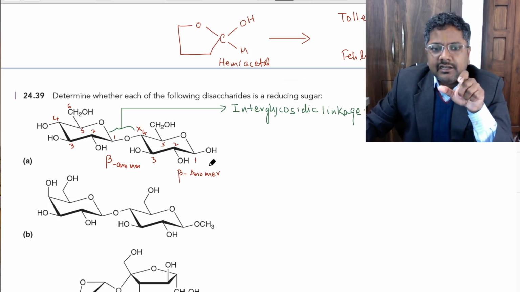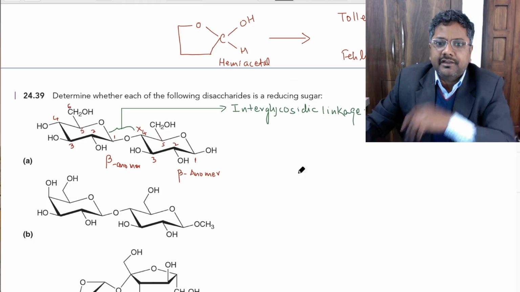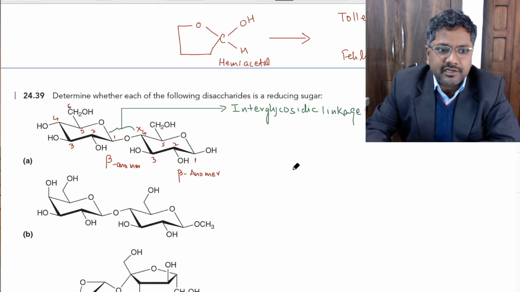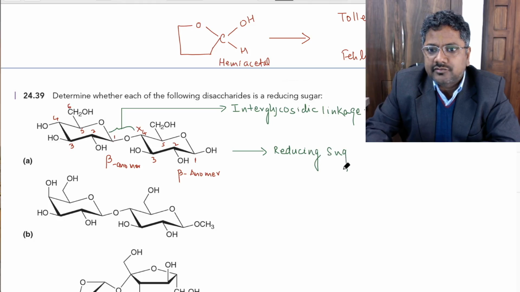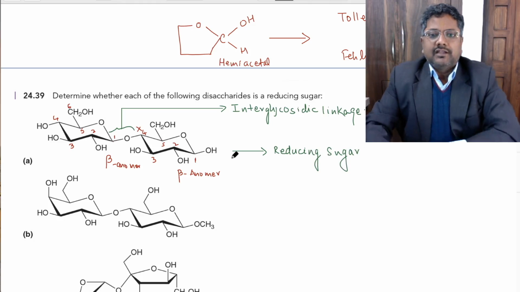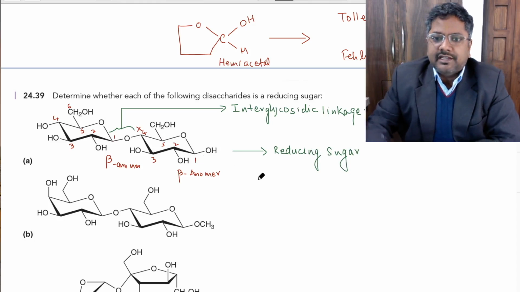And if the second unit's anomeric OH is free, then definitely this is reducing. So this is a reducing sugar, and it will reduce Tollens and Fehling.